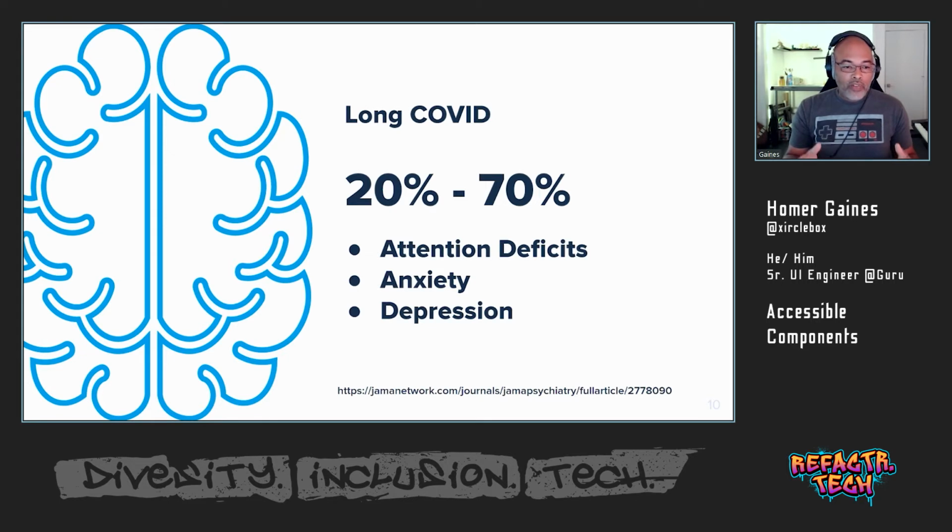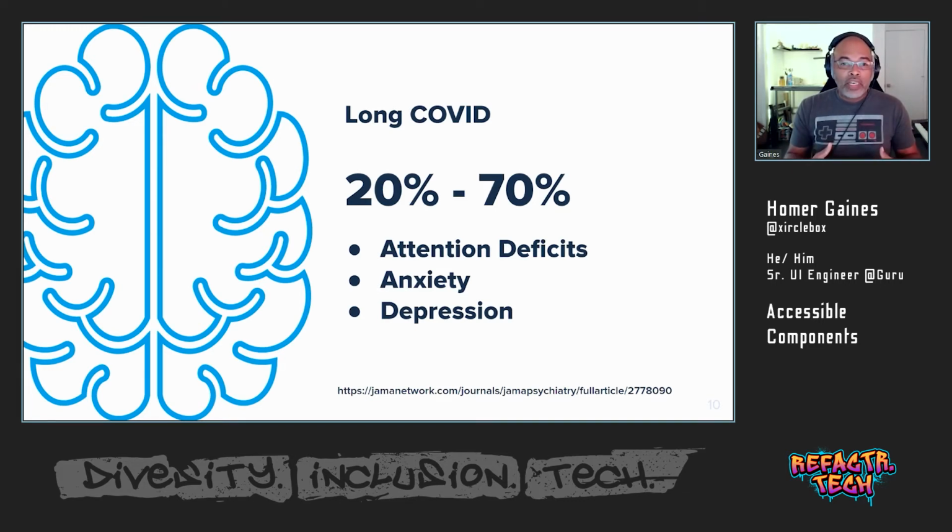COVID affected the entire world. So far, preliminary studies have shown that, depending on the severity of a survivor's case, 20 to 70% are suffering from some type of disability that has come from having COVID.